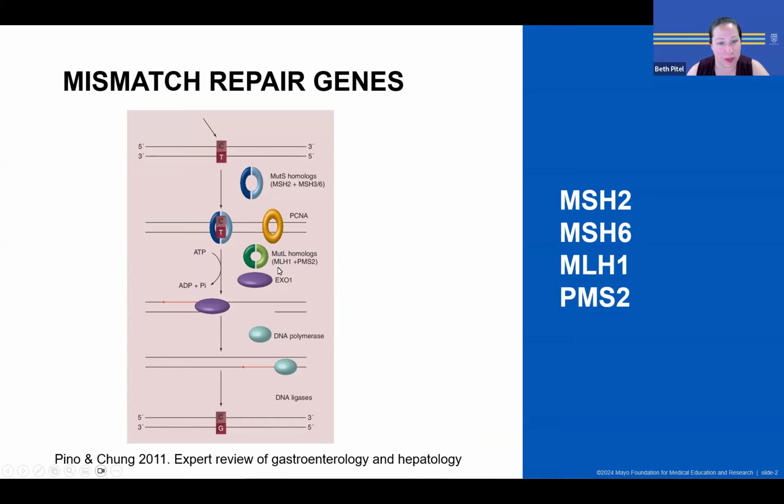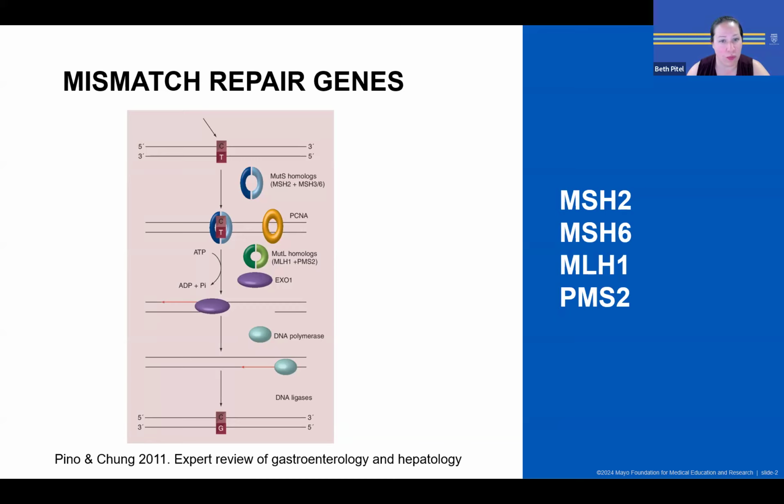And then MutL homologs, MLH1 and PMS2, work together and dimerize. I'm not going to go too much into the mechanism here, but know that these are really important genes for repairing your DNA, which mutates all the time, especially in cancers.